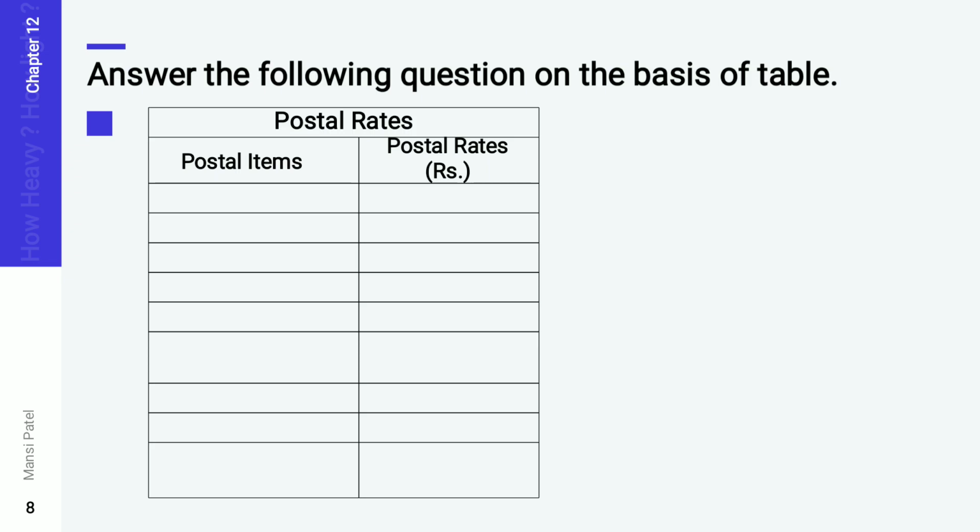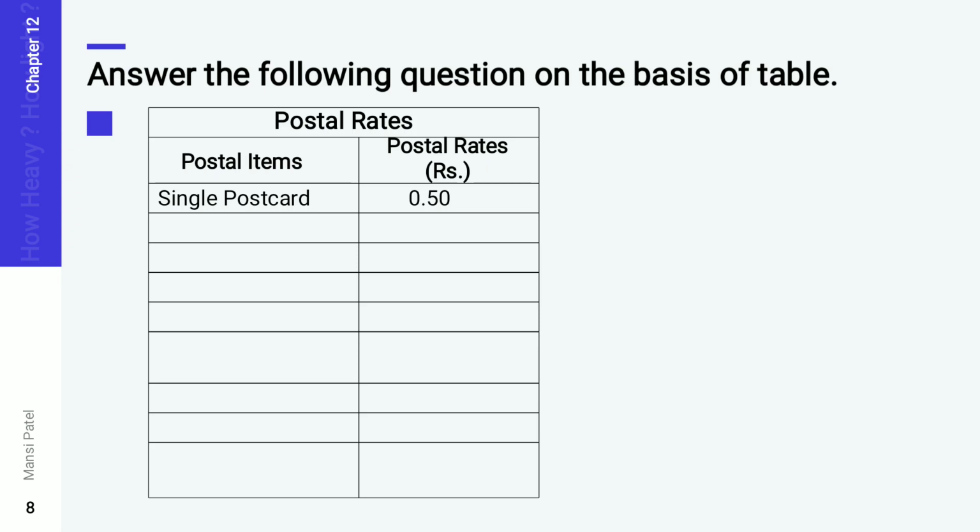So here the first one is single postcard. If you purchase one postcard from the post office, then you have to pay 0.50. Here 0.50, what does it mean? It is not considered as 50 rupees.